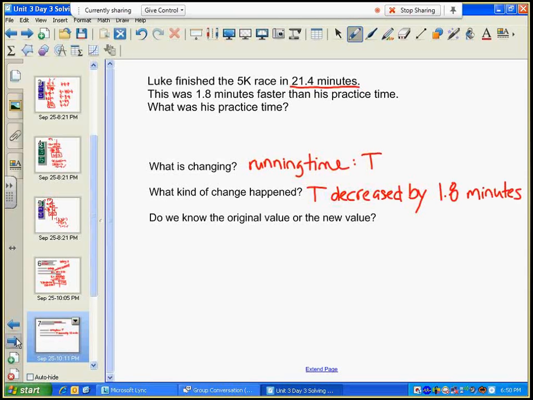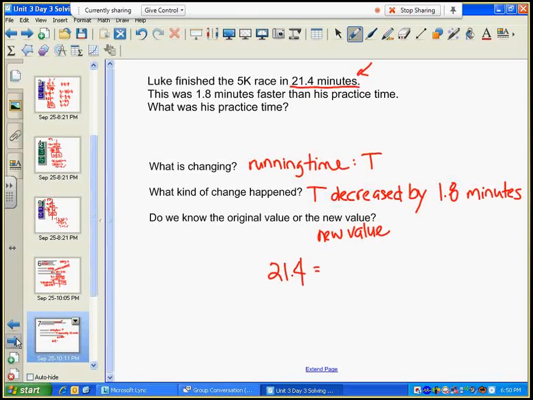Do we know the original value or his new value? Yeah, this is his new value. Okay, so let's write our equation. The new value is 21.4 minutes.